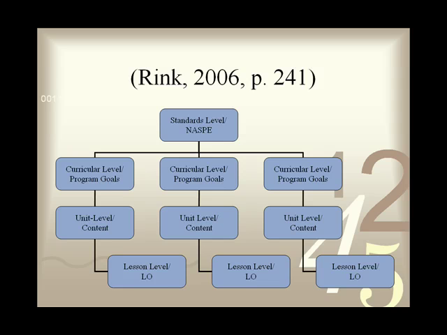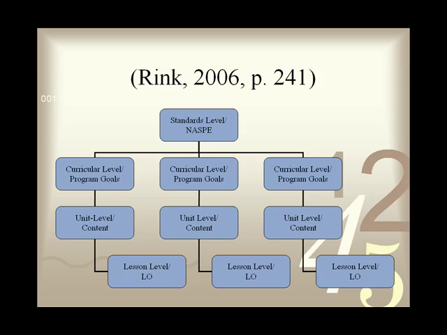Then based on the NASP or the standard level, we'll develop curriculum level or program goals in the ABC model descriptions. Then for each curriculum level or program level goals, you'll develop unit level or content. Then for each unit level, you're going to develop lesson level objectives or learning objectives. It's the same thing, just different language.